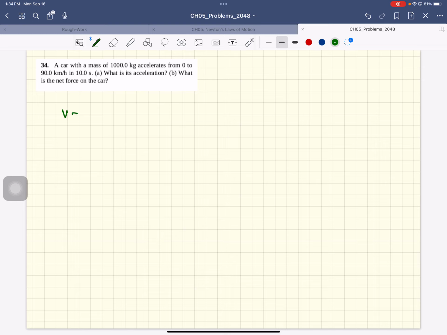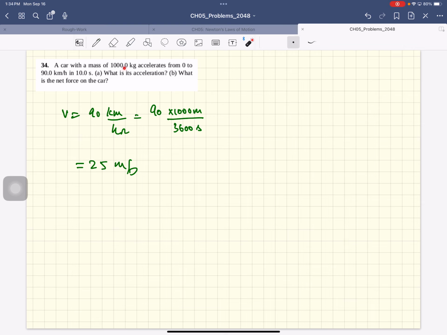Okay, so first you have to convert all these into meters per second, from kilometers per hour. A kilometer is 1,000 meters. 1 hour is 3,600 seconds. So essentially you're dividing by 3.6. A 1,000 kg car is a small car.